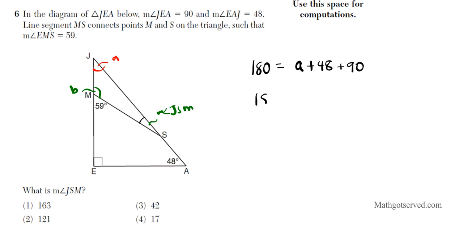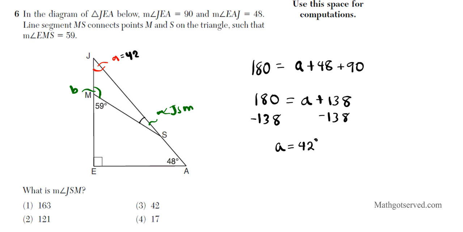So I'm going to have 180 equals A plus, if I add these two together, 138. And then I'll subtract 138 from both sides, and I'll have that angle A is 42 degrees. So this angle right here is 42 degrees.